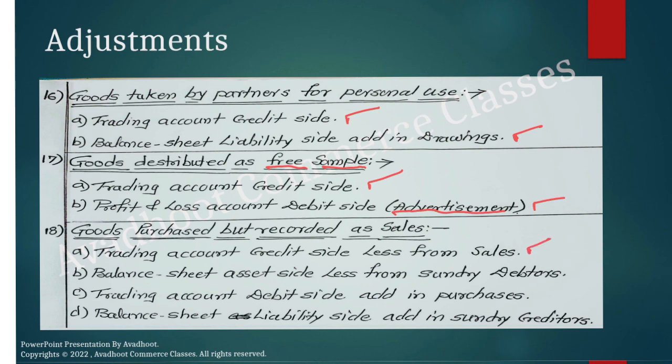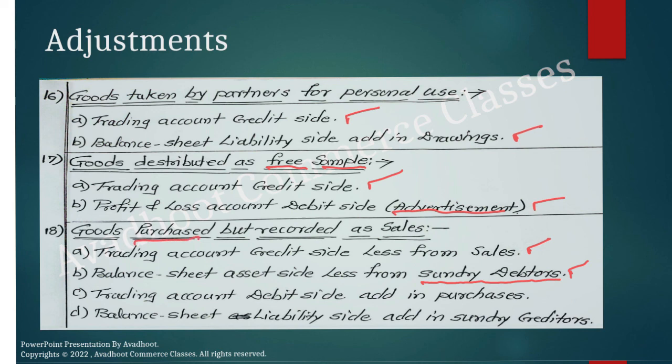Next, sales increases means your receivable increases, that is your sundry debtors. Actually it is not increased, but it is shown as increased. Therefore, we are going to deduct from the sundry debtors. Now, whatever wrong we have done, we have made a correction. Now we have to make the correct entry, that goods purchased.